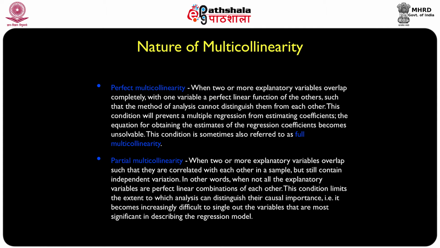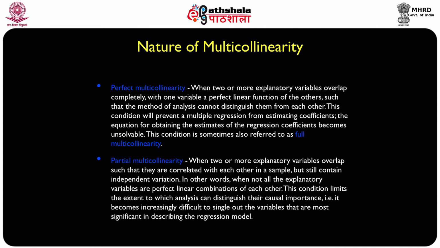In case of partial multicollinearity, two or more explanatory variables overlap such that they are correlated with each other, but they still contain independent variation. In other words, when not all the explanatory variables are perfect linear combinations of each other, we say that there is presence of partial multicollinearity.